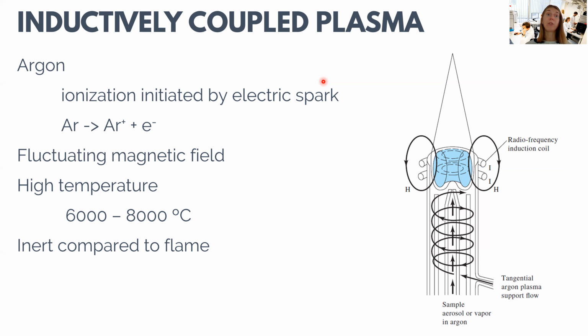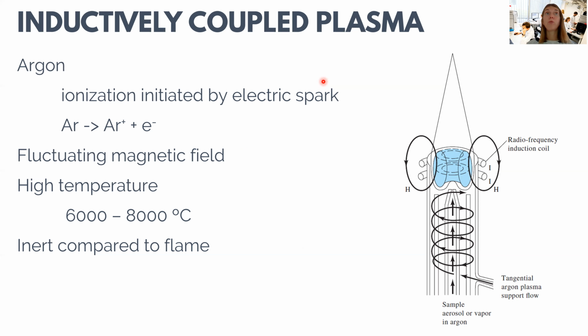For example, as you saw for zinc in the previous example, at the temperatures for flame, which are about 2000 Kelvin, only a very tiny fraction of zinc was in the excited state. And therefore, to overcome this problem, we need higher temperature atomization sources.